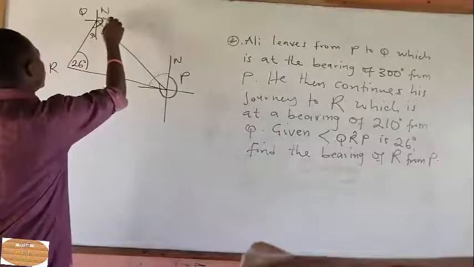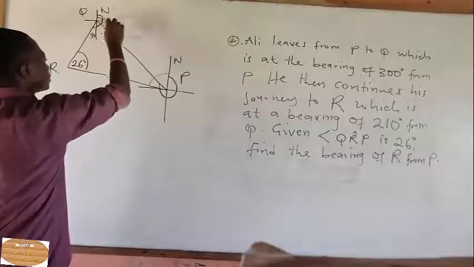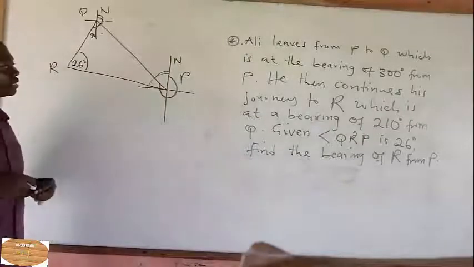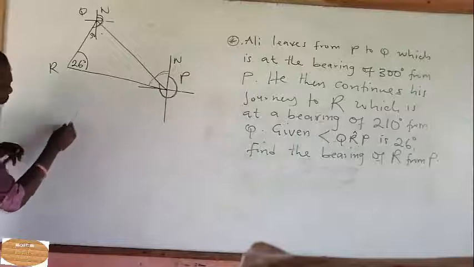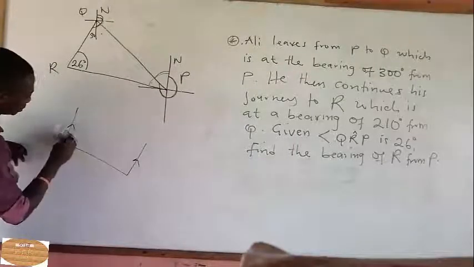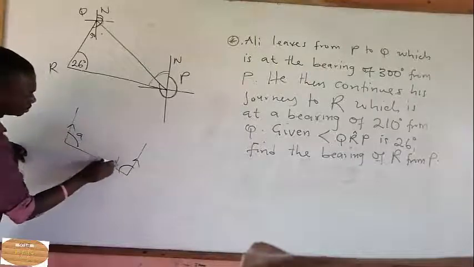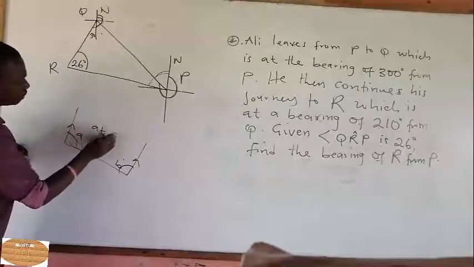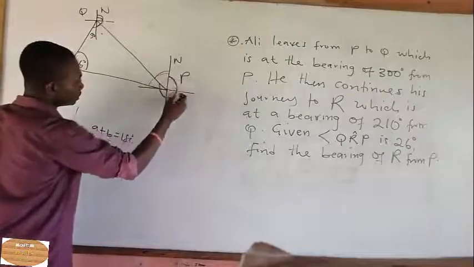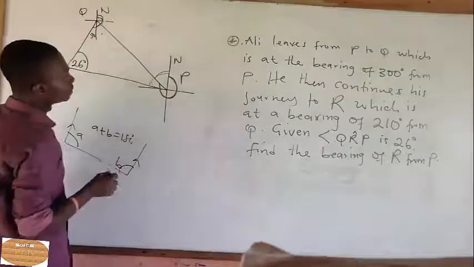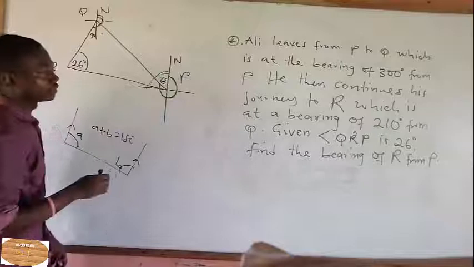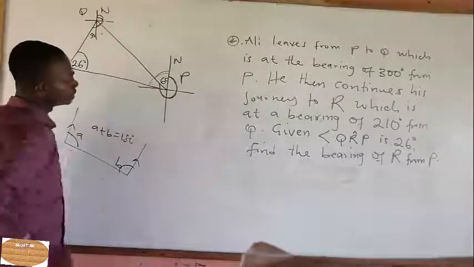Now we know that this side plus this side, A plus B, will give us 180 degrees. We know from this side to this side is 300, so the side will be 60 degrees.